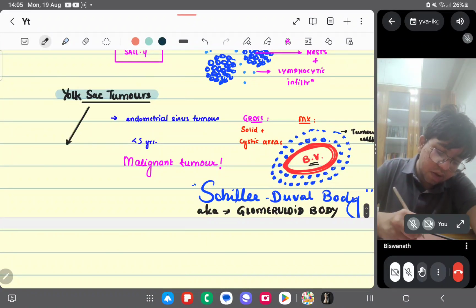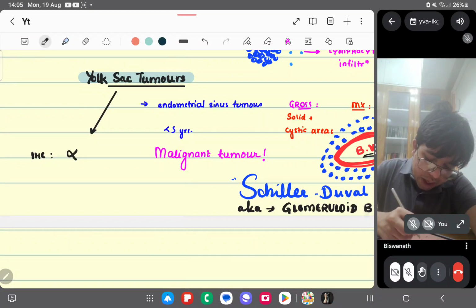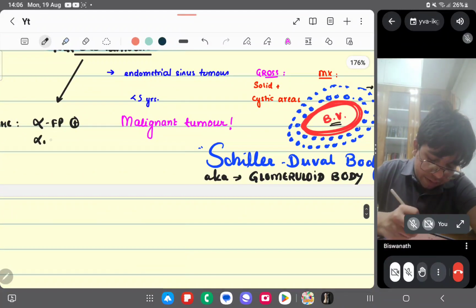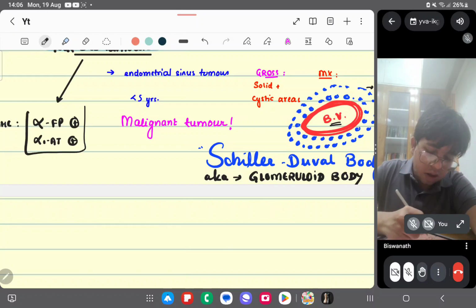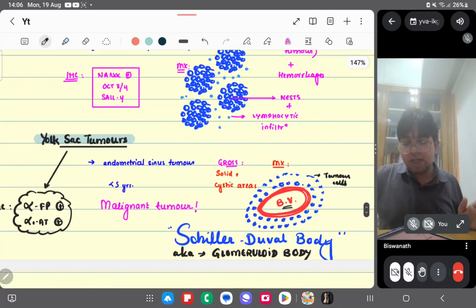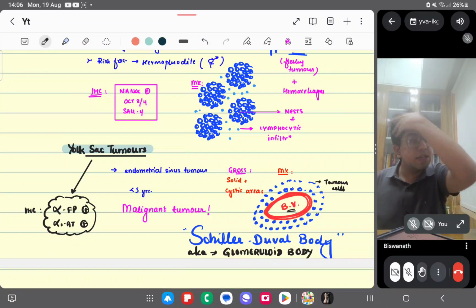You can remember that in immunohistochemistry we have alpha fetoprotein positive, AFP will be positive, and alpha 1 antitrypsin is also positive. These things you have to remember, right? Understood? So yolk sac tumor is done.